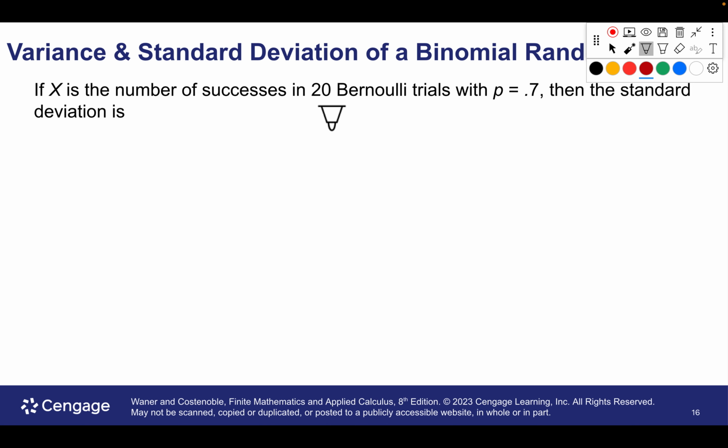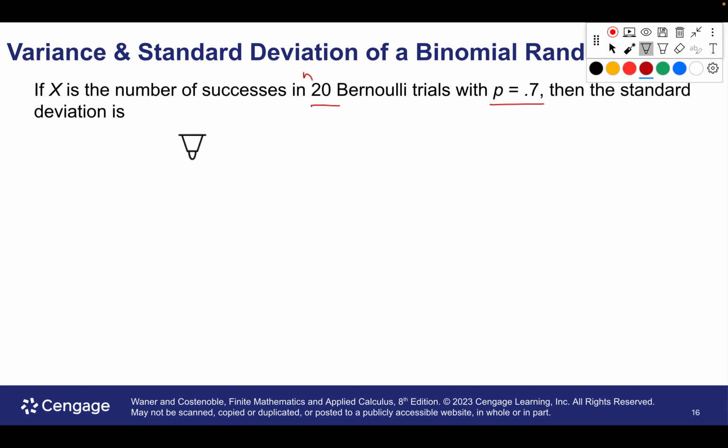So we'll do a quick one here because there's a couple in there. Probability of success, they've got 20 trials. That's our n, right? Trials is n. 70%, what's the standard deviation? We don't actually even have to calculate the mean if we don't want to, because we don't need to use it.